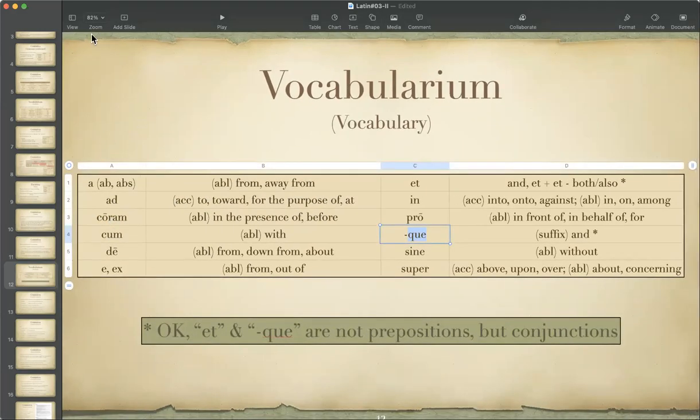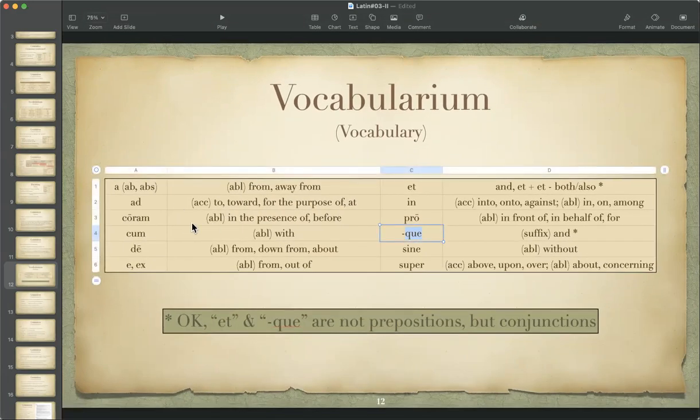Then coram, which is often translated as before, but a better translation is in the presence of. So if we say coram Deo, you might say before God, meaning you're in front of him.